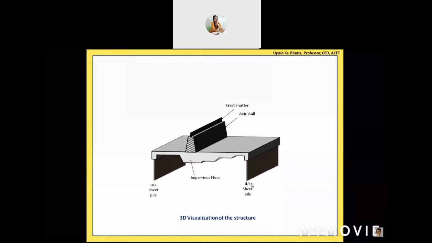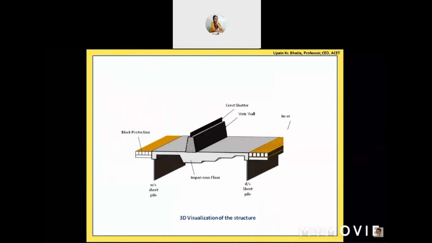So now it is very clear why they are called sheet piles: because they are in the form of a sheet, and they are called piles because they are driven very deep into the riverbed. So they are not a single ordinary pile only; they are piles in the form of a sheet. That's why it is called a sheet pile. On the upstream side of this impervious floor, the sheet pile is called the upstream sheet pile, and the one provided on the downstream end of this concrete floor is called the downstream sheet pile. So simple naming is there.